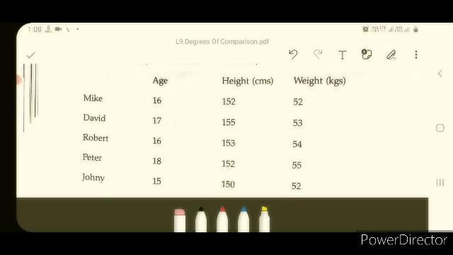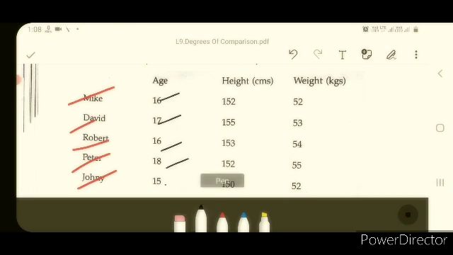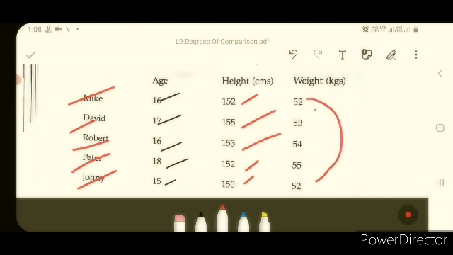Five different people are being talked about here. They are Mike, David, Robert, Peter, Johnny. The ages are 16, 17, 16, 18 and 15, with the heights being 152, 155, 153, 152 and 150 centimeters, and the weights being 52, 53, 54, 55 and 52 again, right? So you are asked to compare their height, age and weight using words like what?